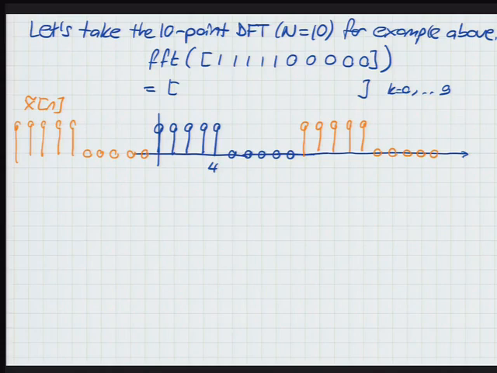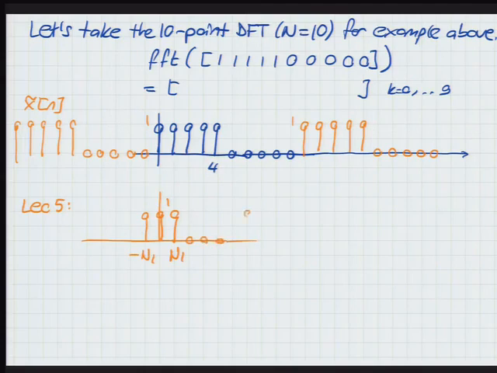In fact, in lecture 5, we saw this example, a periodic pulse with values equal to 1, for 1, 2, of course, up to n1, and then zeros, repeated with period n.